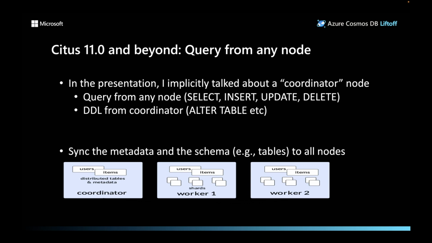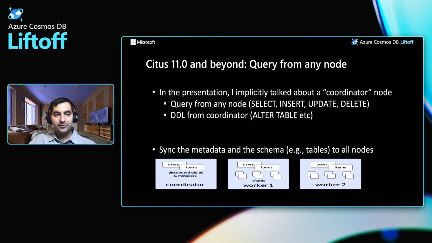Although the Citus coordinator can handle a very high number of transactions, users wanted to have the flexibility to have even higher throughput. And then as of Citus 11, with query from any node, Citus can scale to a really high number of transactions with a very high number of writes per second.